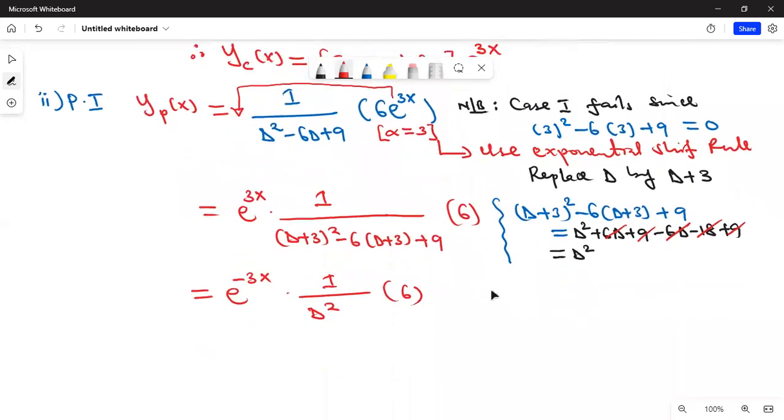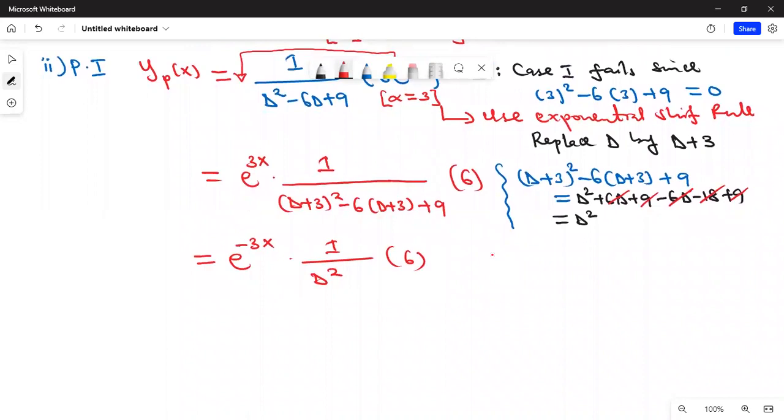And you see 1 over d squared is the same as writing exponential, was it negative 3? No, it was positive 3. So change it. Exponential 3x d raised to negative 2 operating on 6. This means the integral operator integrates 6 twice with respect to x from 0 to x.